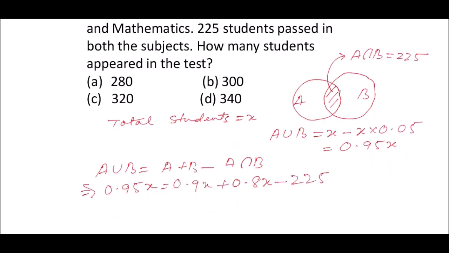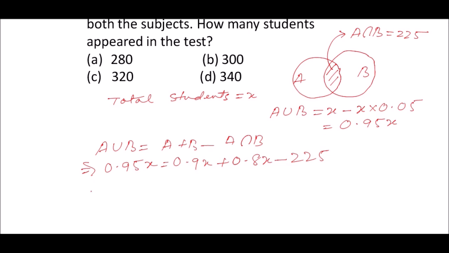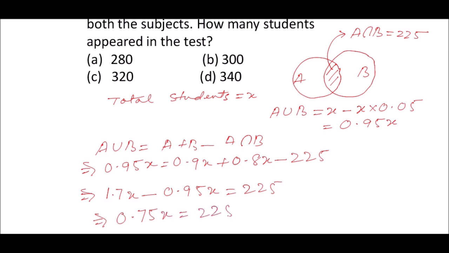If you solve that, you will see 1.7x minus 0.95x is equal to 225, and therefore 0.75x is equal to 225. Therefore, x is equal to 225 divided by 0.75.